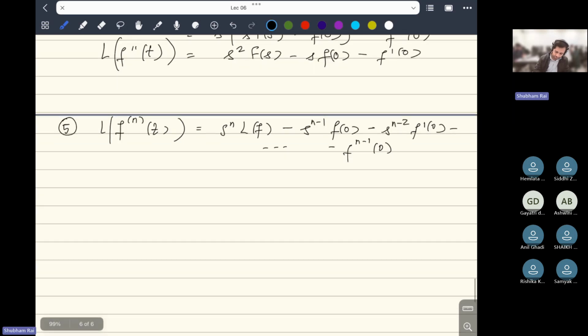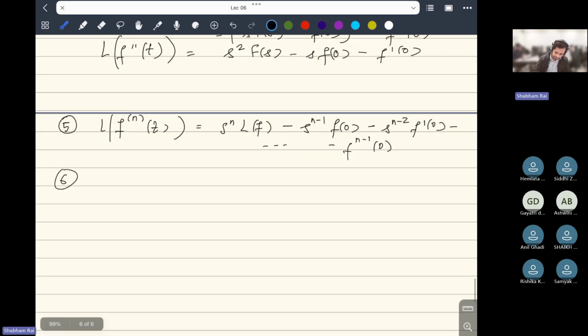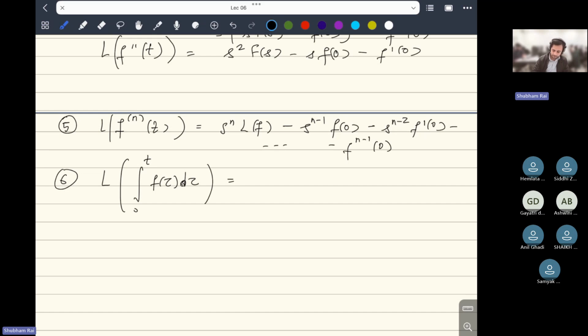Laplace transform of an integral: let's say we want to find the Laplace transform of the integral from 0 to t of some function. We are just integrating our function with respect to time, and we want to find the Laplace transform of that. And this will be 1 over s times F of s.